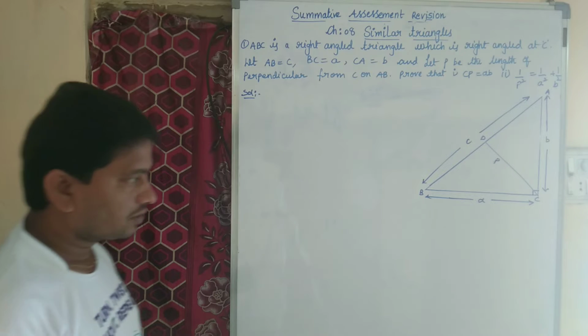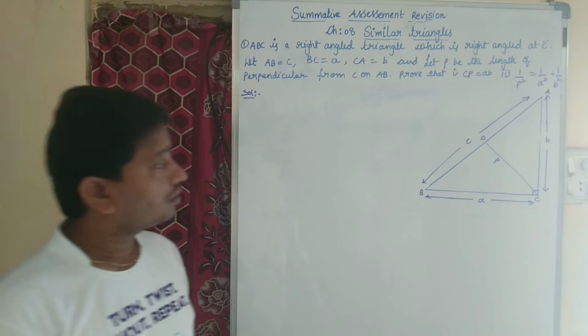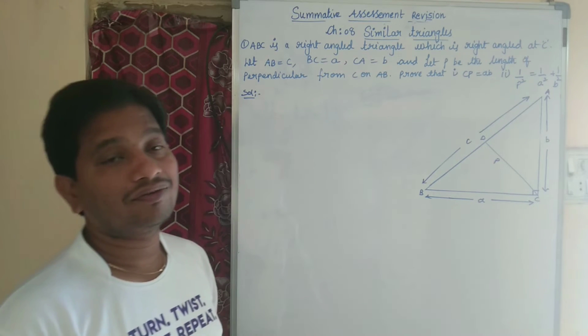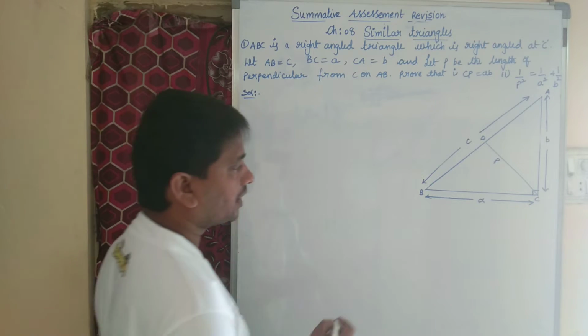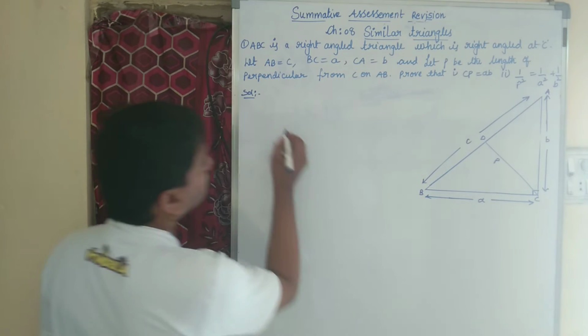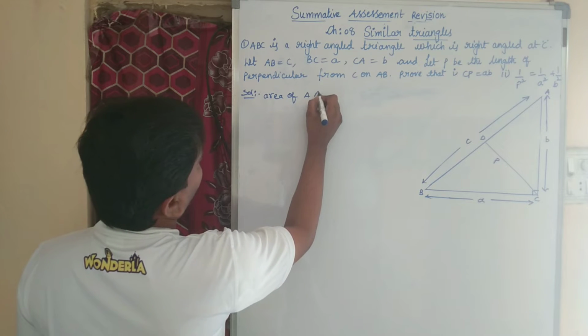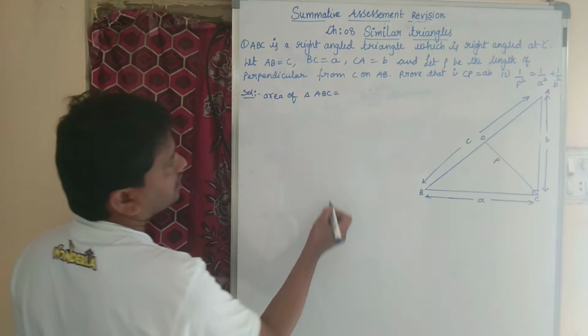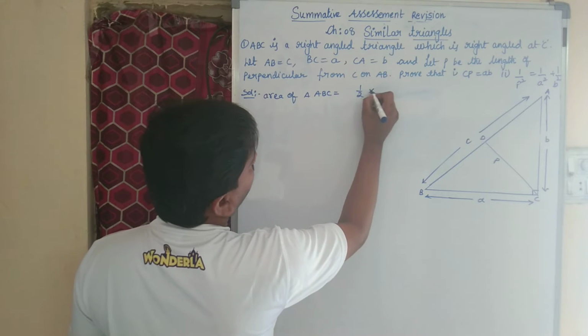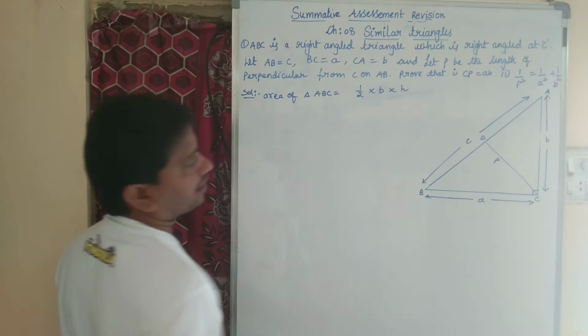Okay children, first of all, what is the area of triangle? The formula is half into base into height.